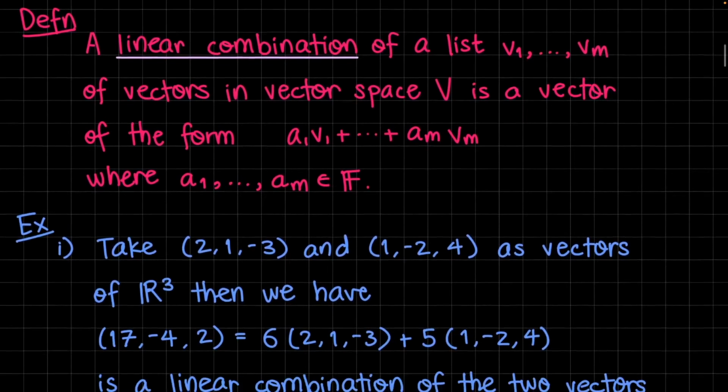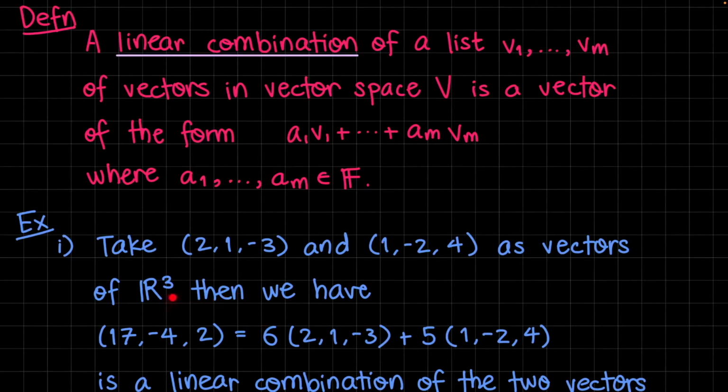An example of this is, let's take R3, the three-dimensional Euclidean space. So we have the vector 2, 1, minus 3, and 1, negative 2, 4. Again, since this is R3, every vector of R3 is just in the form of a tuple with 3 entries.